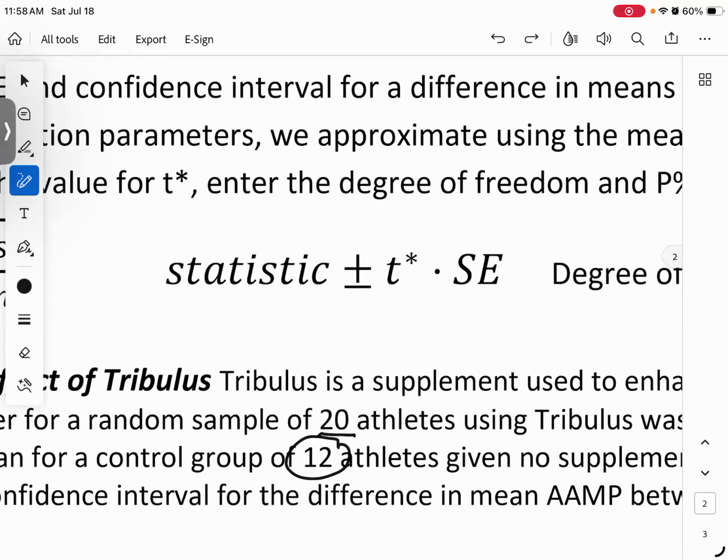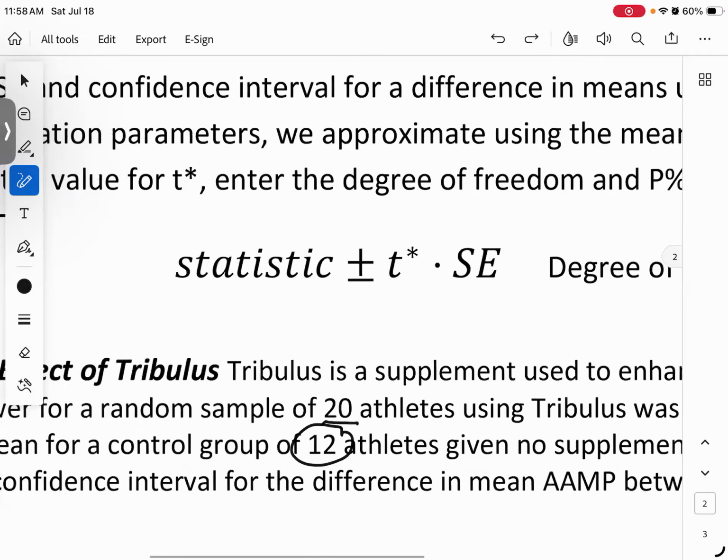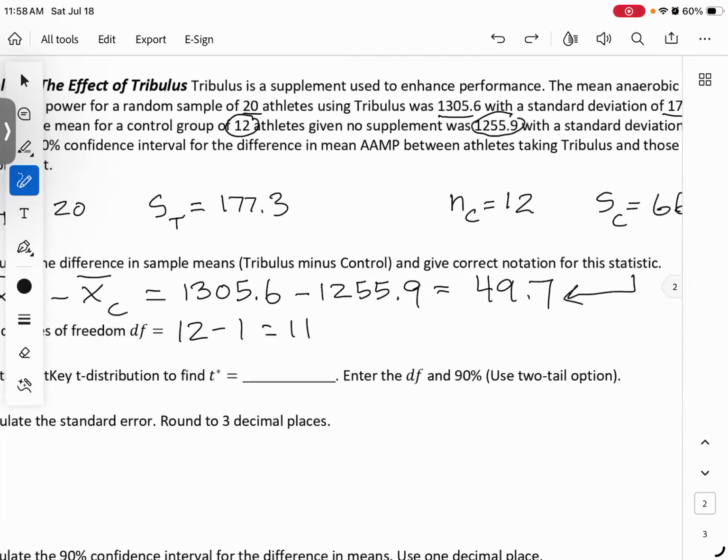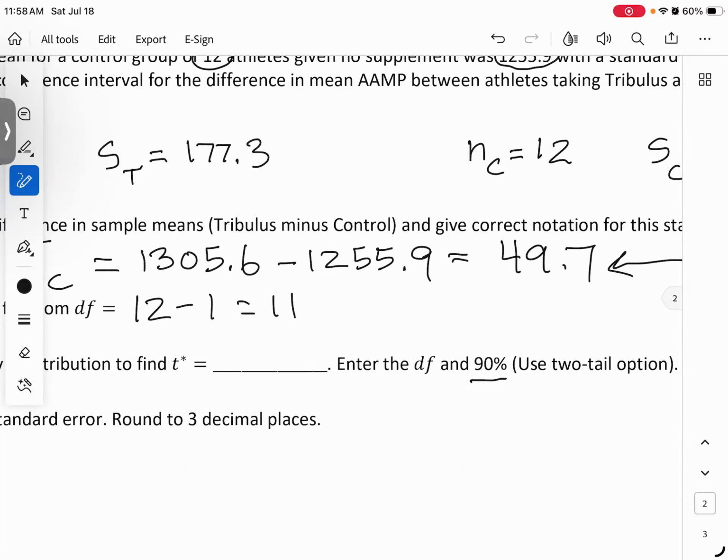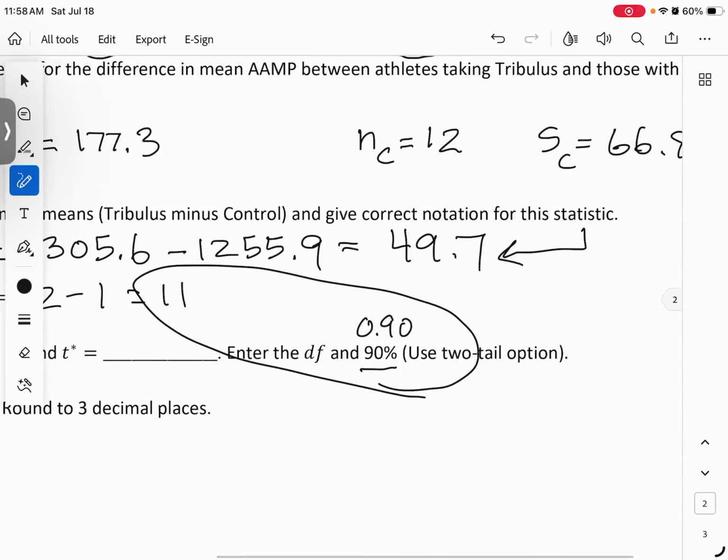But now with the t-distribution, because it's very particular about what your sample size is, this is something very specific that we have to find for this sample size, and also considering that we want a 90% interval. So we're going to take both of these, and because it's a confidence interval, we're not just interested in the left tail.